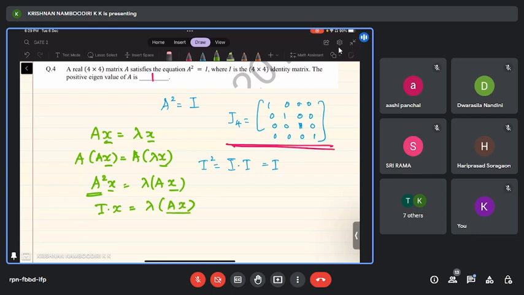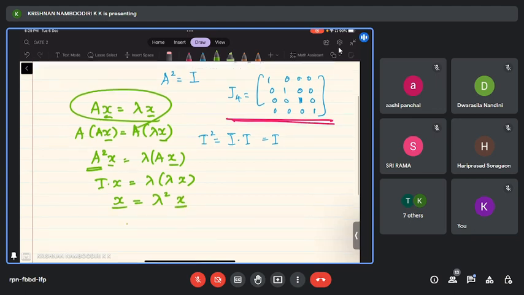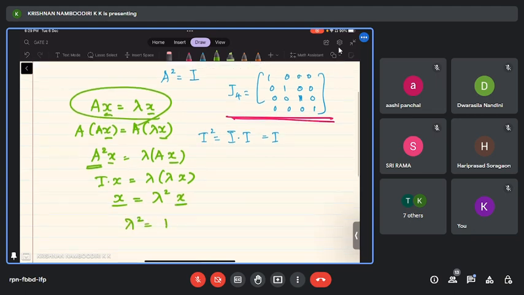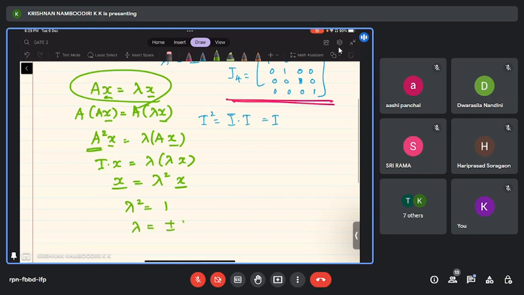Again, Ax is lambda x. So I into x is again x. So x equal to lambda square into x. What does that mean? Lambda square equal to 1. Lambda equal to plus or minus 1. Is this clear to everyone?